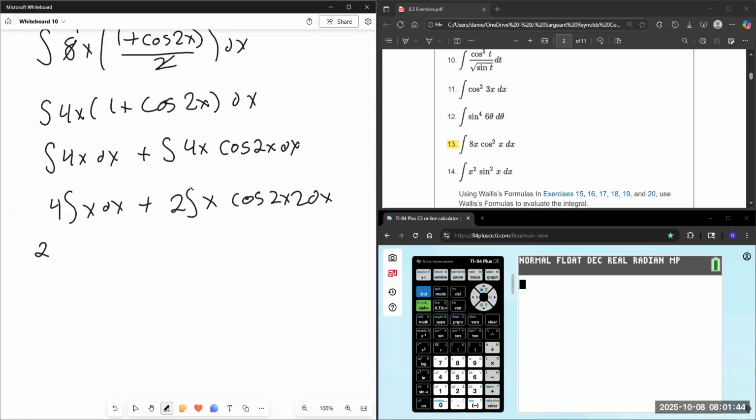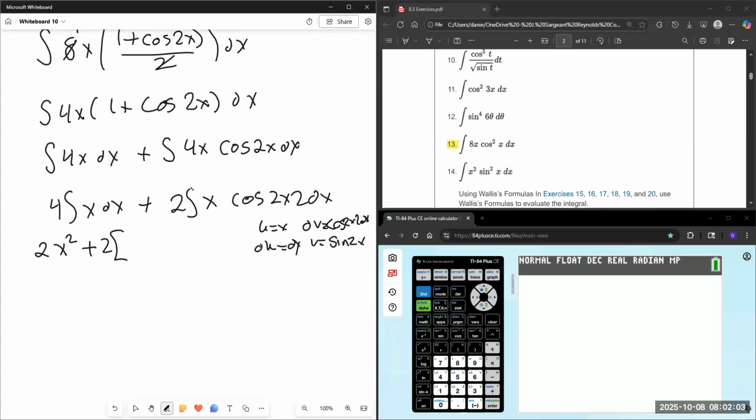This one is just 2x squared plus 2 times, my u is x, and my dv is cosine of 2x times 2 dx. So v is going to be sine 2x. du will be dx.